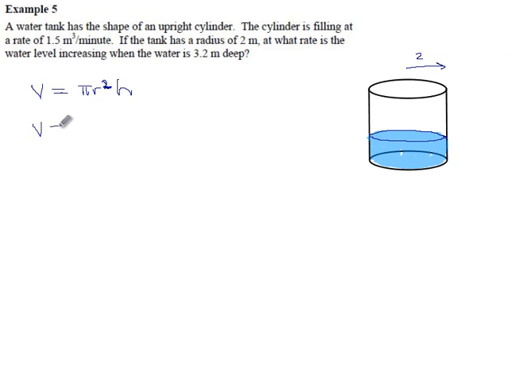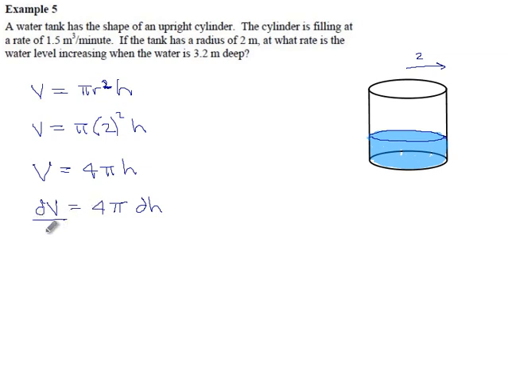So volume is pi times 2 squared times h, so our volume is 4 pi h. Now we can differentiate that and get dV equals 4 pi times 1 times h to the 0, dh.